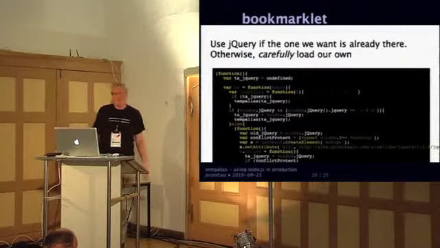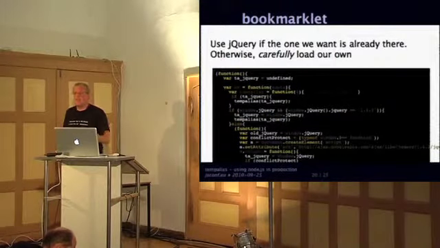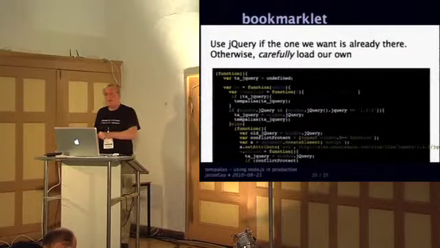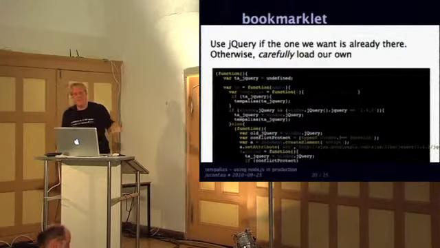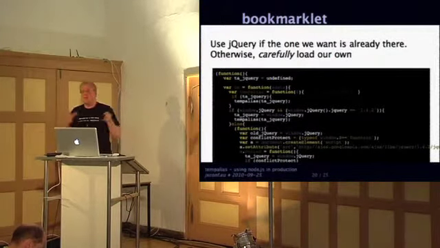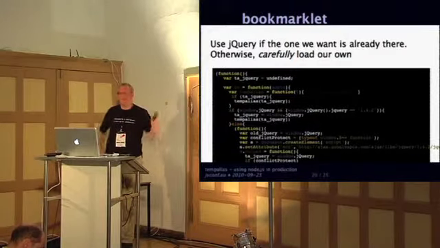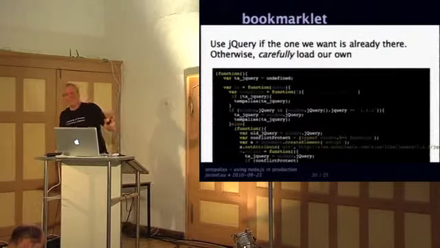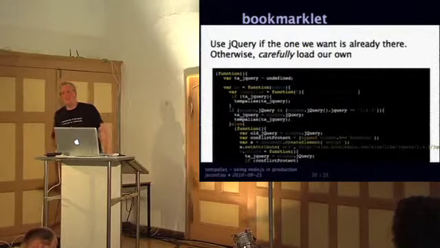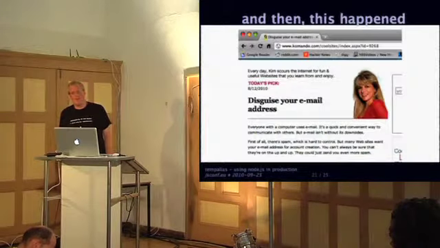And if we are loading jQuery, we also have to be extremely careful that we either take the one that is already loaded if it's the one we want, and if it's not, then we have to be extremely careful that we don't mess up the jQuery that is already on that page. And Brainlock at Twitter, who also sits here in the audience, could tell you a nice story of what happens if you are not really, really careful here. That can so badly break pages or your bookmarklet if you're not careful.